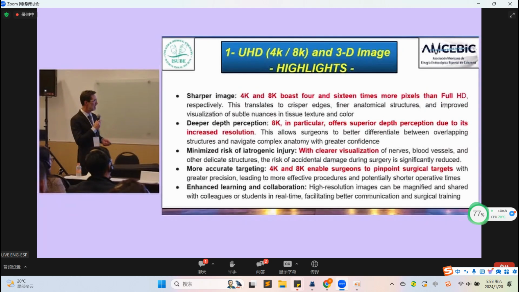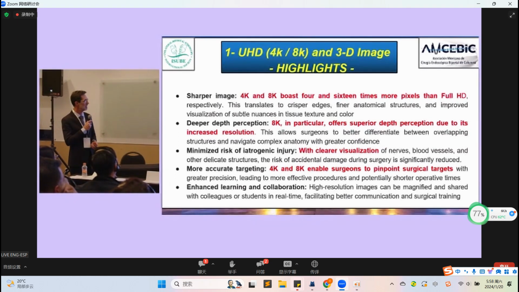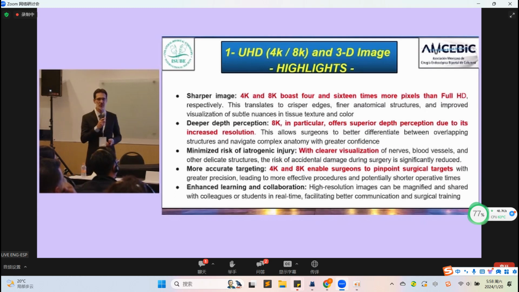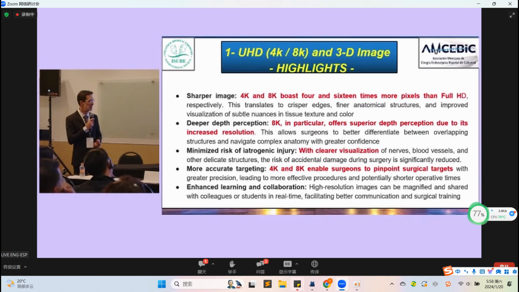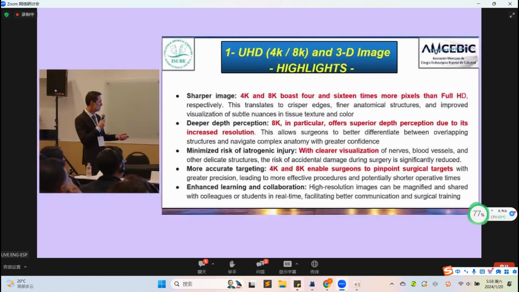This is the highlight. 4K and 8K boost 4 and 16 times more pixels than full HD. Depth perception, in particular in 8K, is so important. Maybe this is the most important thing in high definition image, because we can reduce iatrogenic injury and improve our accuracy targets.